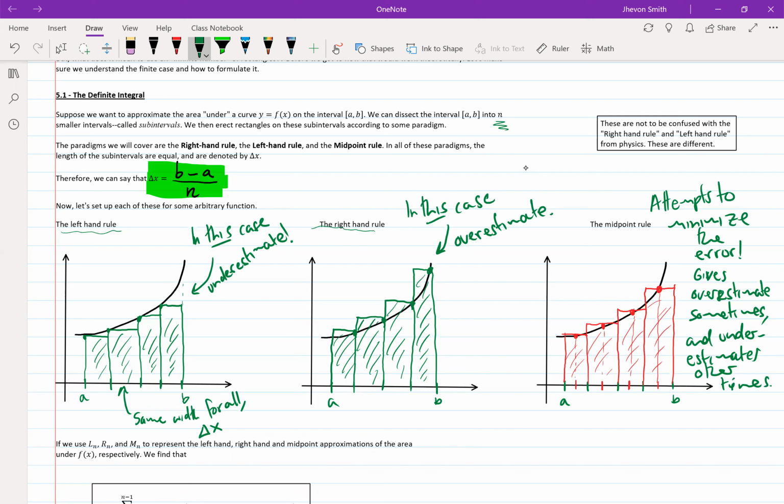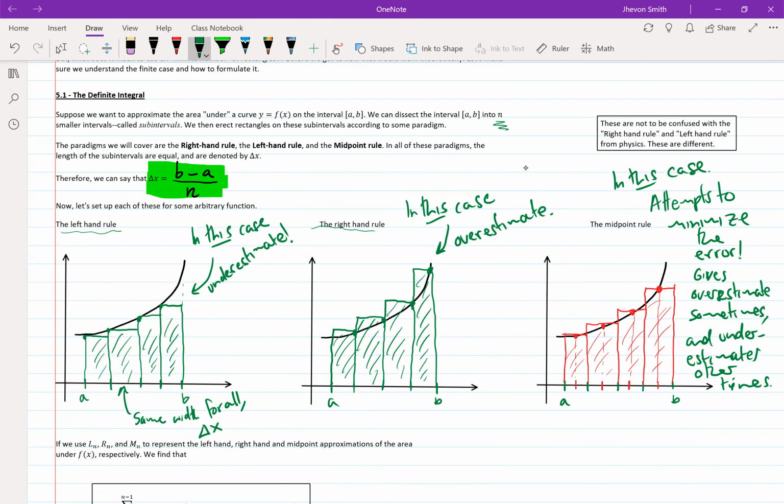So you'll notice for each rectangle, the left side would be an overestimate, but then it cuts underneath, so it gets an underestimate. So it kind of tries to balance itself out. And again, this is in this case. The shape of your function is going to determine whether you're getting overestimates or underestimates or what have you.